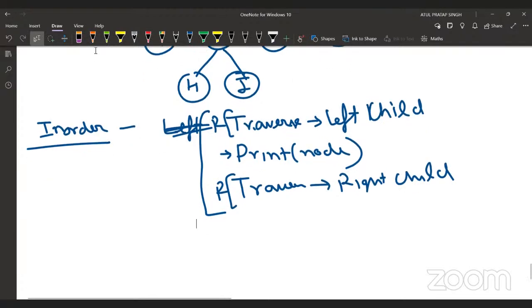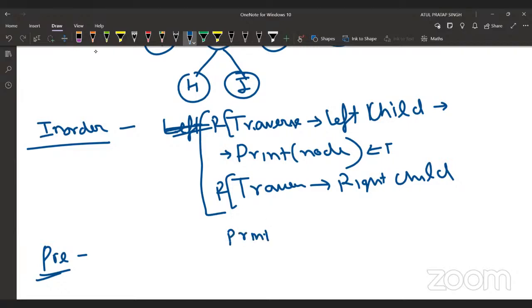And what is the change in pre-order? In pre-order, the term pre means we traverse the node first, then we call the recursive algorithm on the left child and then the right child. So for pre-order traversal, just traverse the node first.